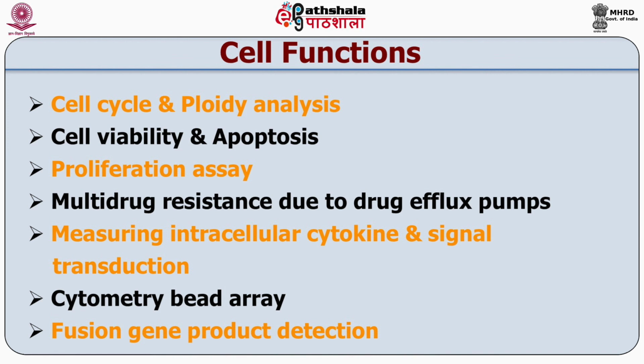We can also use flow cytometry to determine the multi-drug resistance due to the drug efflux pumps. We can also use this to measure the intracellular cytokine levels and signal transductions. The cytometry bead array is another application which can simultaneously detect multiple cytokine levels. And lastly, the fusion gene product detection using flow cytometry.